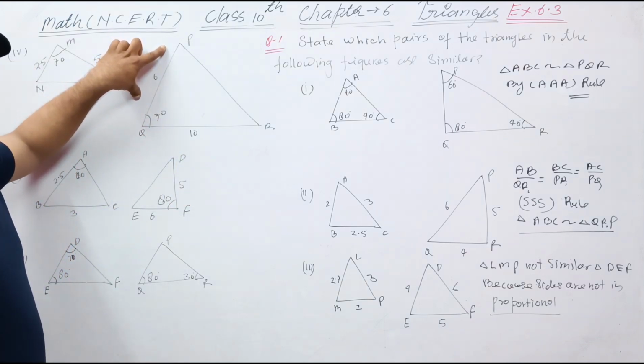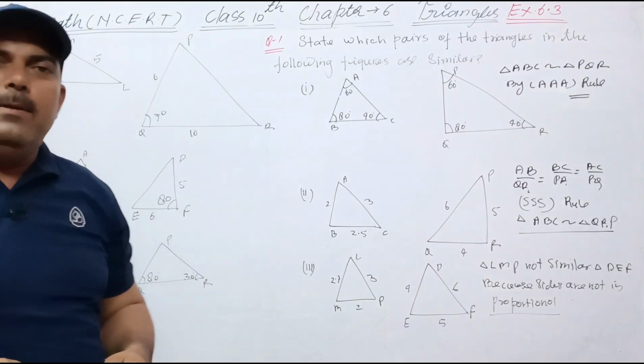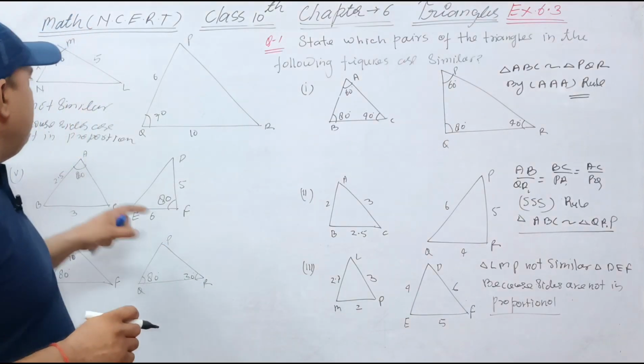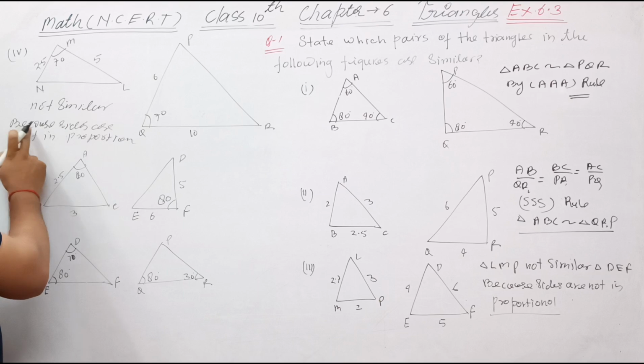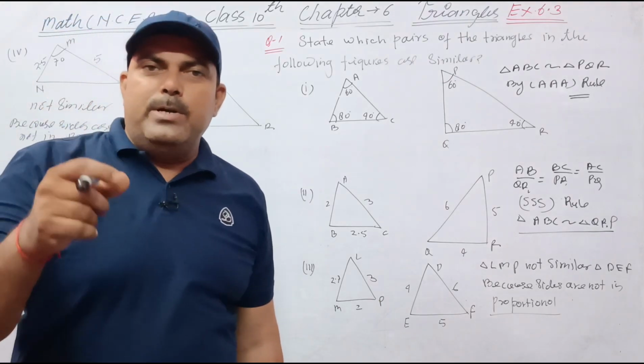That is, these two triangles are not similar because corresponding sides are not proportional.